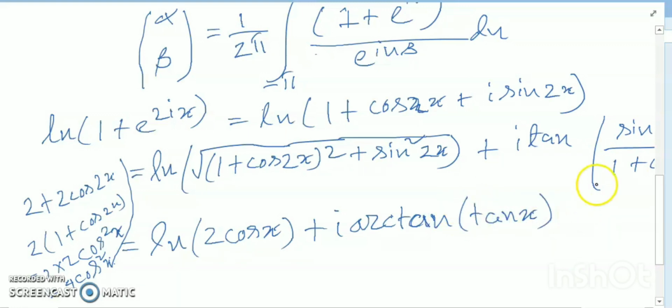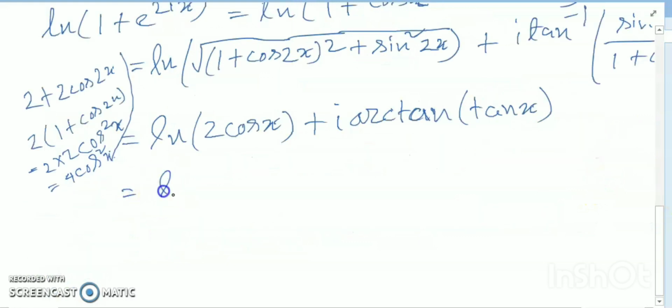Okay, so the angle is of the form e to the power i theta. So it can be written as ln 2 cos x plus ix. I hope it is clear.